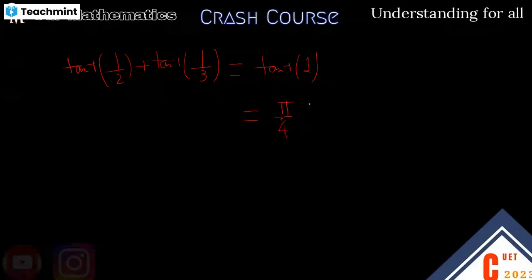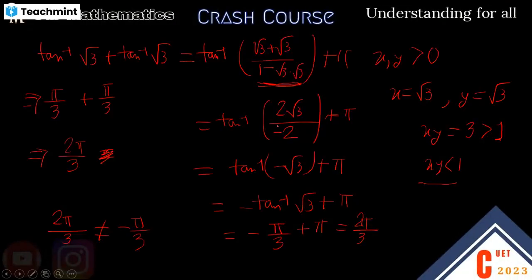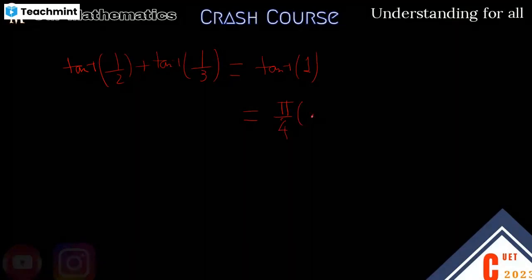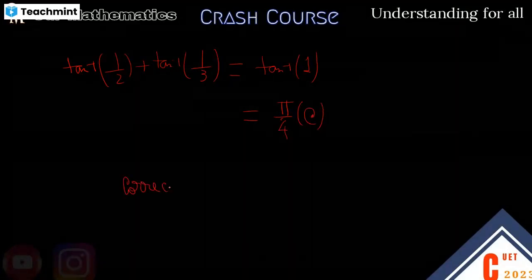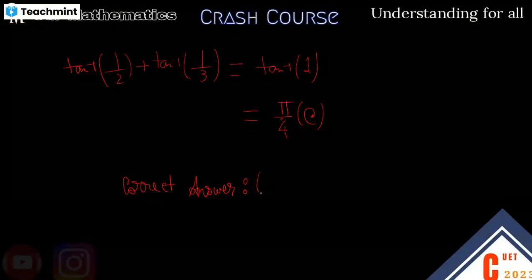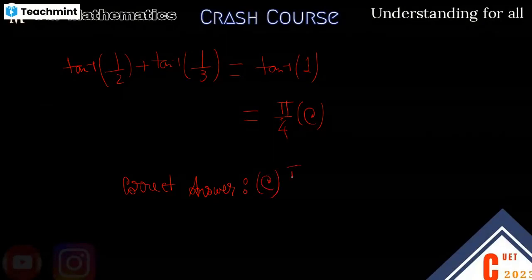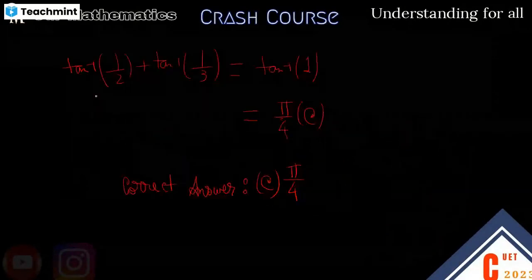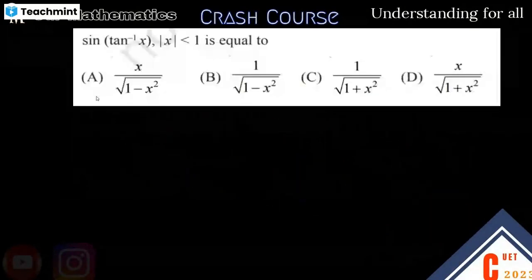That is option number C. Correct answer is C, pi by 4. Let's move to next question.